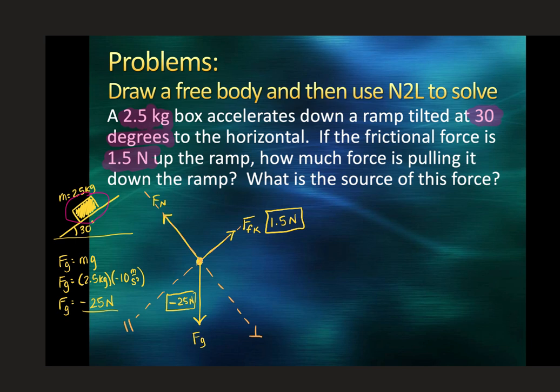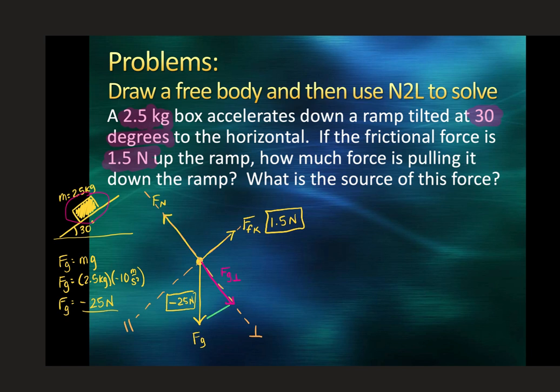It's only what helps you. Okay, so now I'm going to break down that gravitational vector into its components. I'm going to have a perpendicular component, and I'm going to label that FG perpendicular, like that.